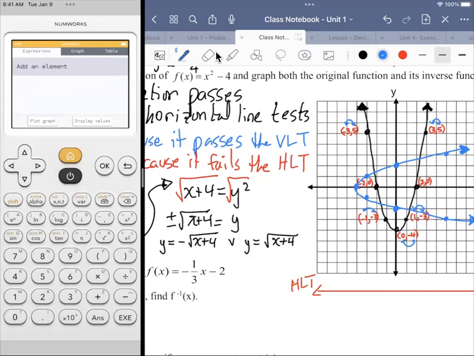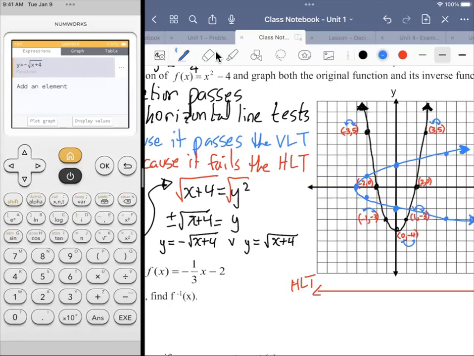I can put the original parabola in there, but I'm not going to. I can plot y equals, so alpha 3 to bring up the y, shift pi to bring up the equals, negative square root of x plus 4.